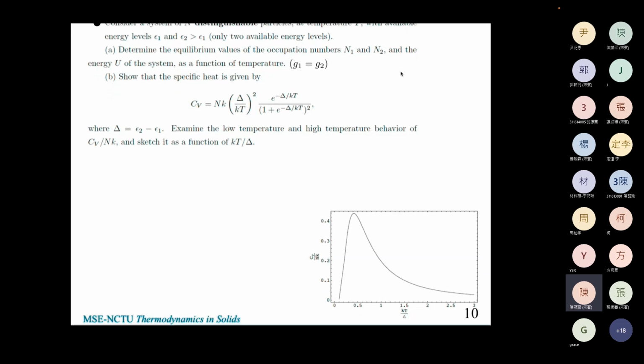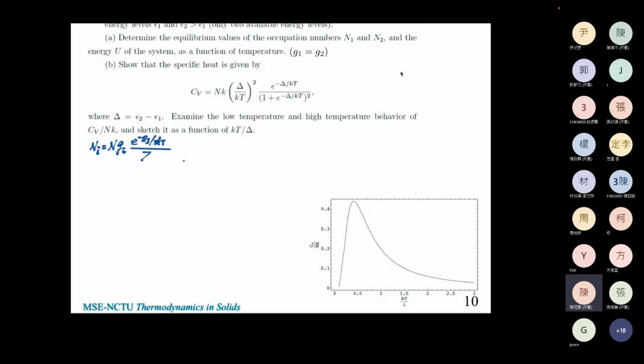So determine the equilibrium values. N_i equal to N g_i exponential minus epsilon_i divided by kT, over Z. All right.